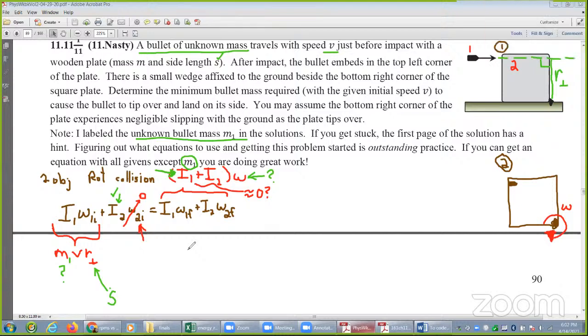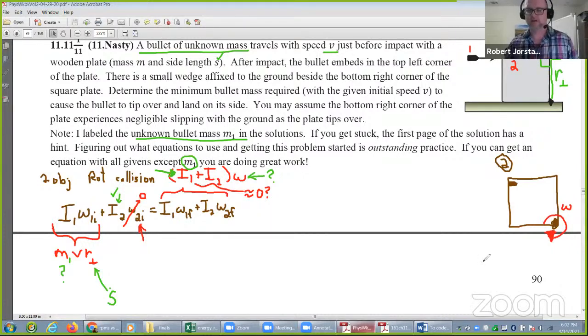So let's talk about that. What's something we could maybe do with that? The arc of the bullet. Okay, what do you mean? When it hits the plate, it makes an arc to the other side. So this thing is going to go up and over and land on the other side.